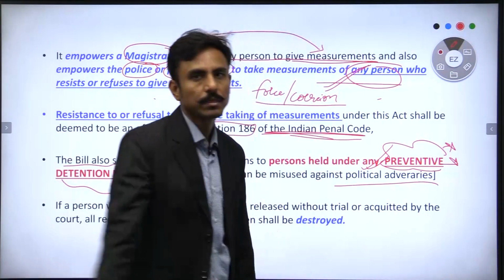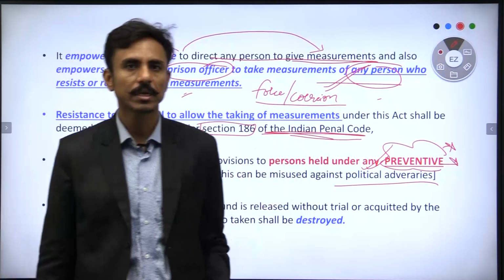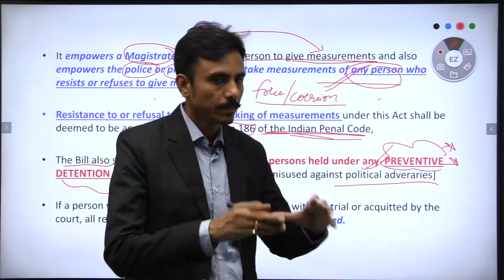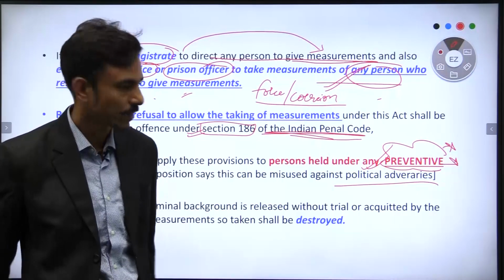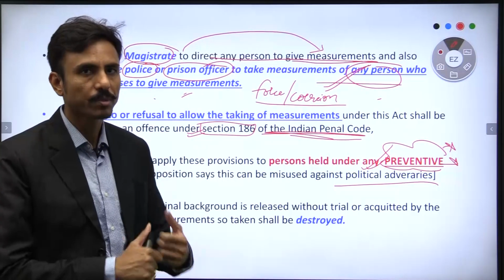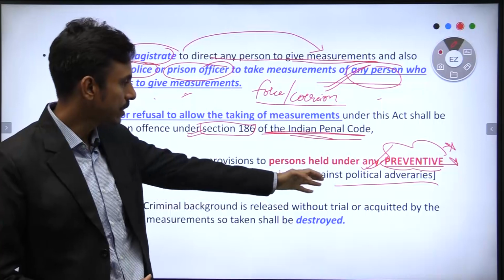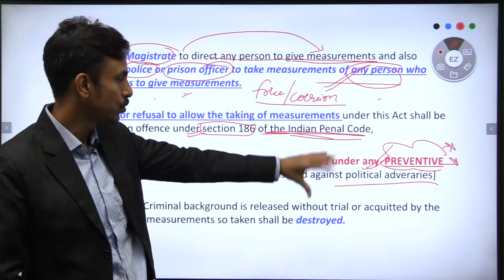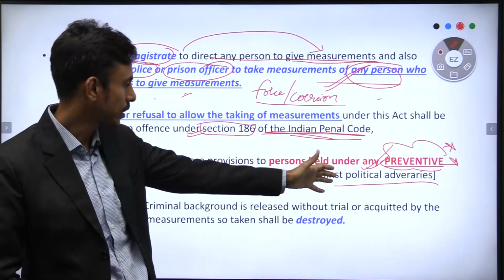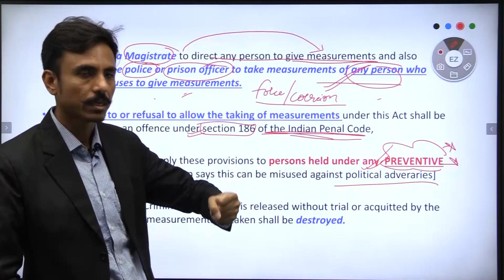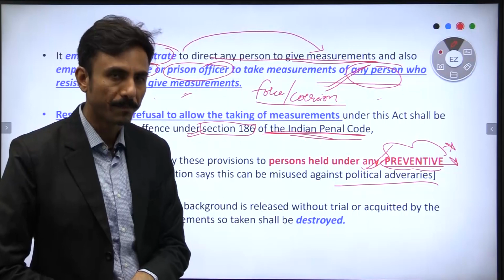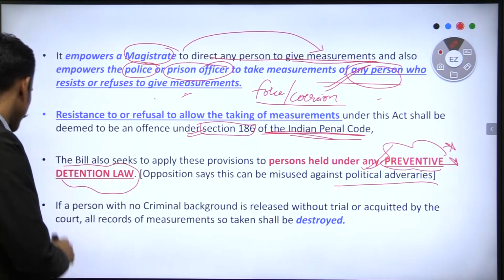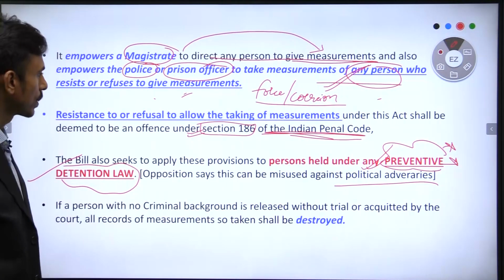That means if, let's say, you are protesting against the government, and we have every right to protest against the government, we have to be critical about the government, but if you do so, you may be detained under the preventive detention law and your samples may be collected. In this way, there is a scope of it being misused and mishandled. I hope it is clear.